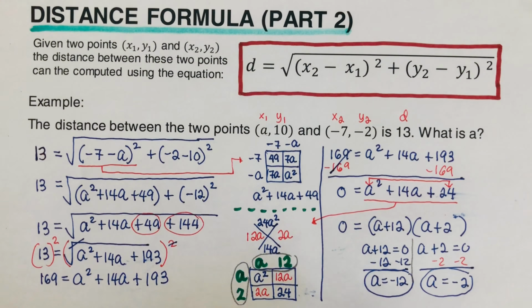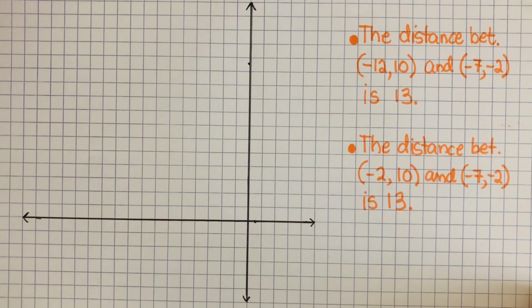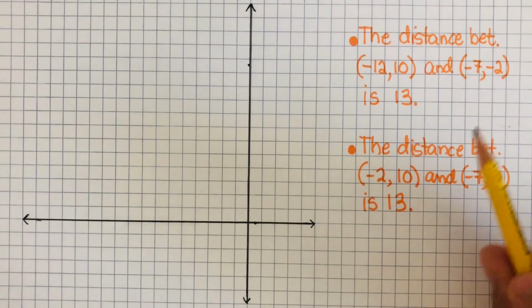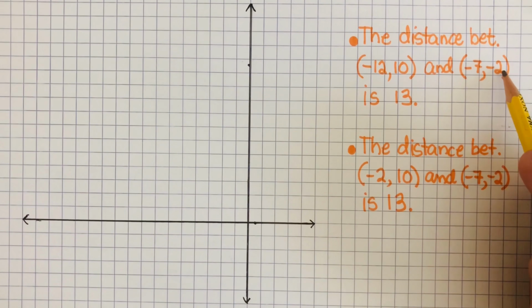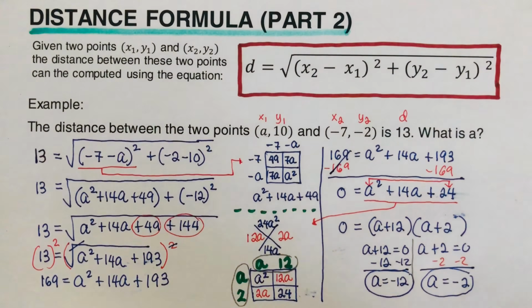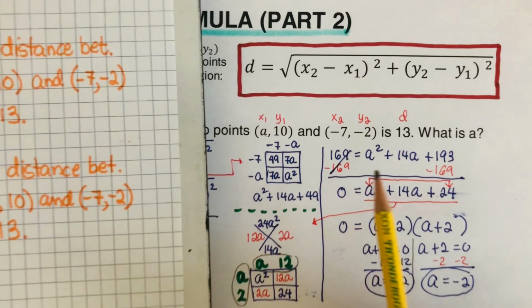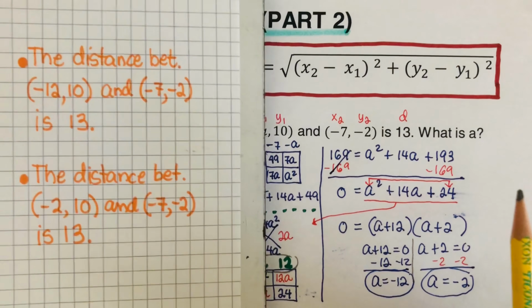So pretty much from this answer that we got here, we can write our solution to be the distance between negative 12 and 10 and negative 7 and negative 2 is 13. So what I did was I plugged in the negative 12 to a. So pretty much what we got here is this.